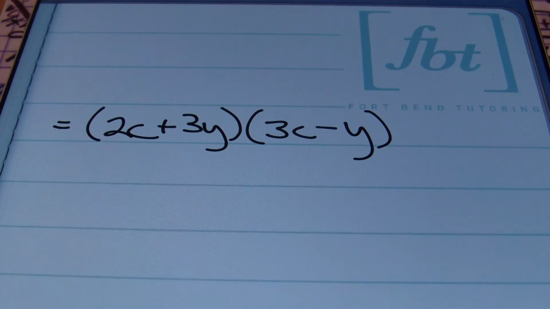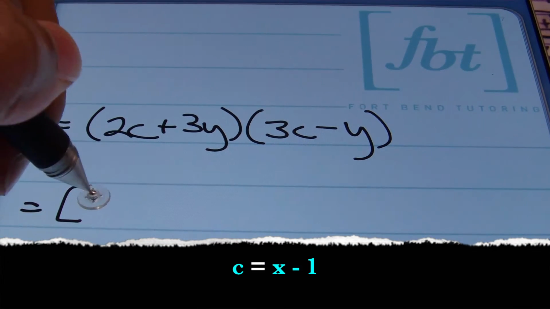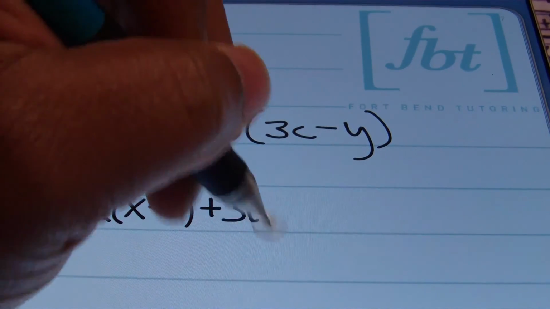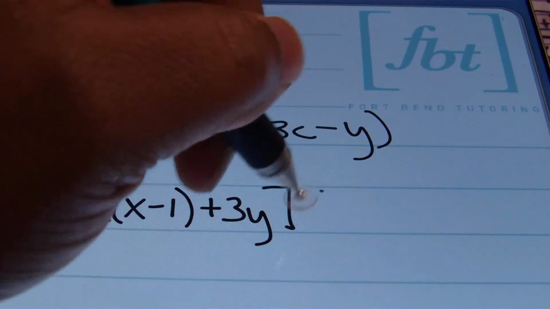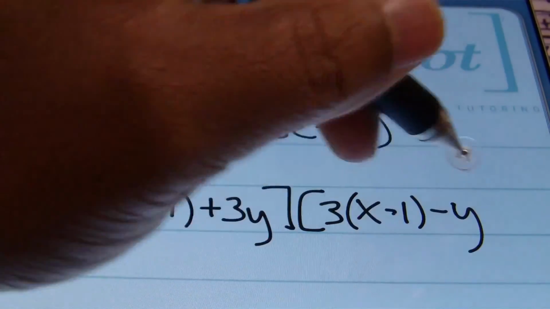All right, so knowing that c is equivalent to x minus 1, we'll go ahead and plug that back into our problem. So I'll rewrite this using brackets showing that I have 2 times x minus 1 plus 3y times 3 times x minus 1 minus y.